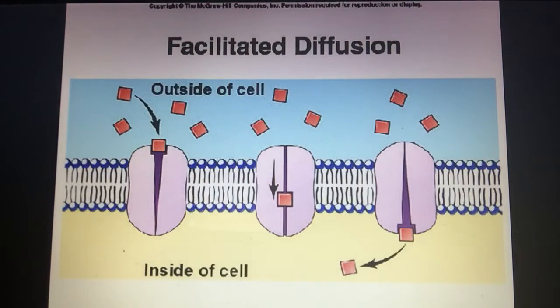As promised earlier, I'll talk about the other type of diffusion, which is called facilitated diffusion. Facilitated diffusion applies to molecules that are large and or polar and cannot pass through the cell membrane on their own. Because the cell membrane is nonpolar and the phospholipids that make it up are packed tightly together, large polar molecules can't pass through without any help.